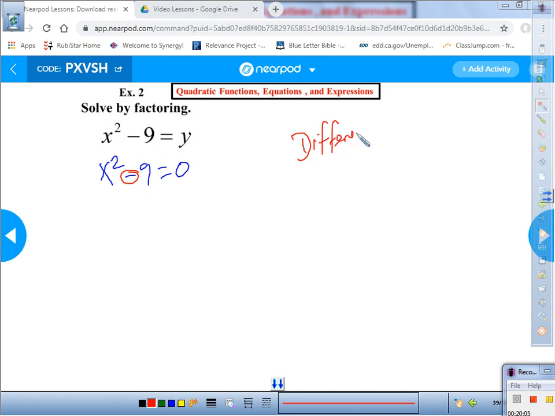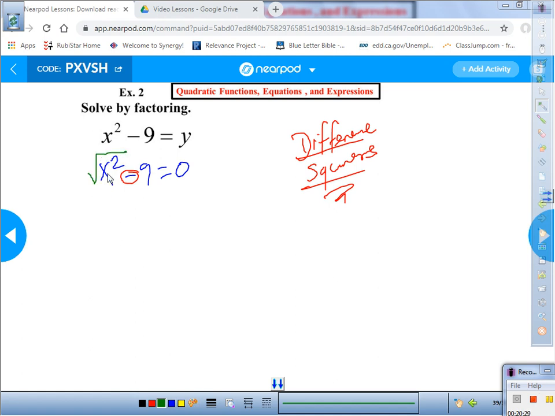If we are in quadratics, this is called difference of squares. What does that mean, Mr. Q? Well, that means that two squares are subtracting, and that's what difference means. And how do you know if it's a square, Mr. Q? Well, we test it. Let's test and see if we can take the square root of this.